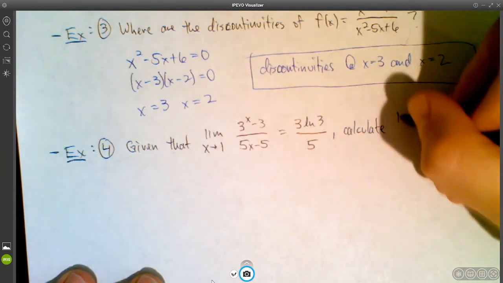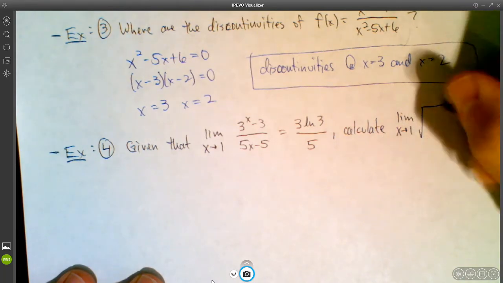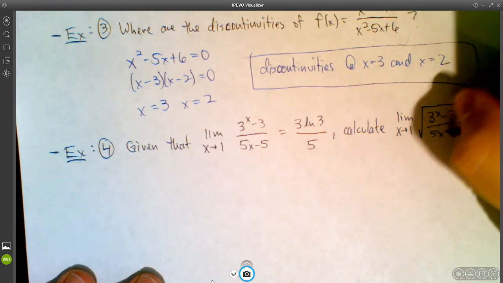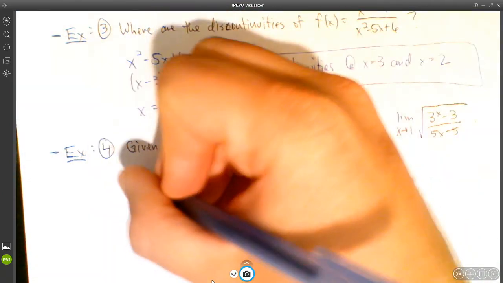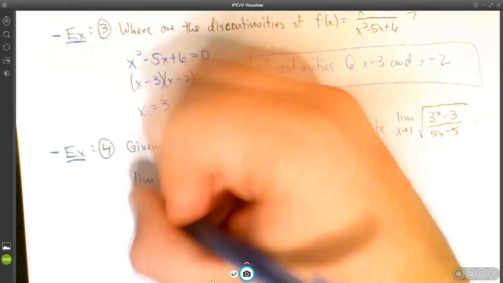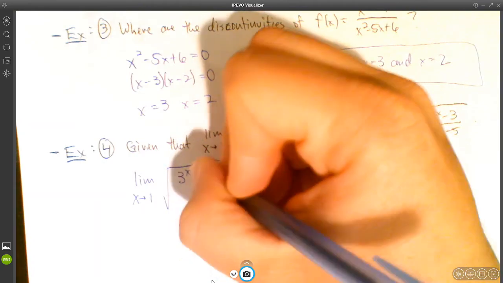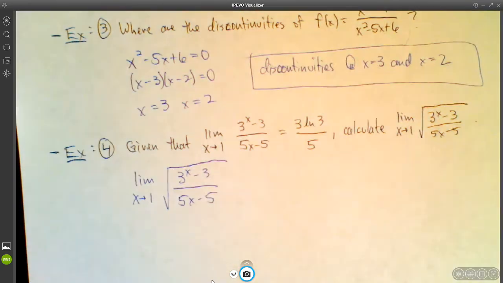the limit as x approaches 1 of the square root of (3^x − 3)/(5x − 5). Well, what the previous theorem tells us is that we can take this limit, which is sitting on the outside of this function, and we can move it to the inside of the square root function.